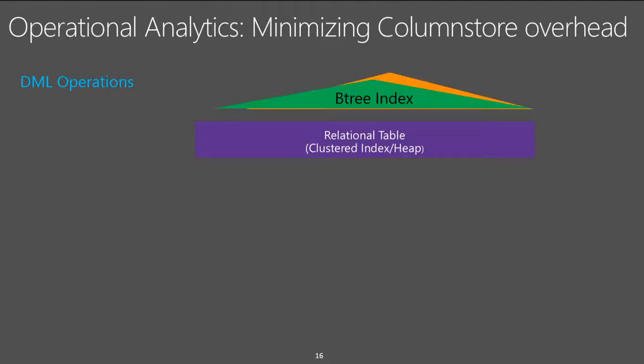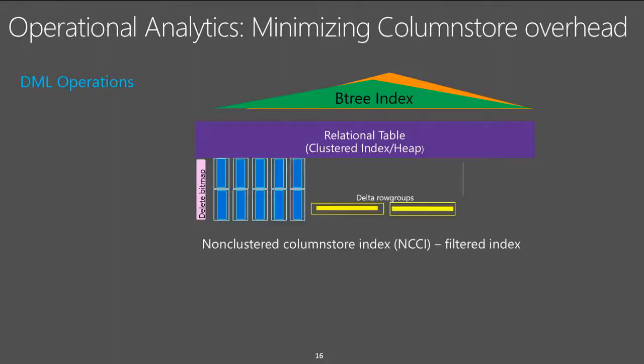So I'm going to show you the same table that we had before. And let's say for the DML operations, what you do is you create, just like before, a non-cluster column store index. You see that? The only difference is that it is filtered. Like there is no column store index on this part of the rows. Okay? Now, we consider this data to be hot. So imagine this.